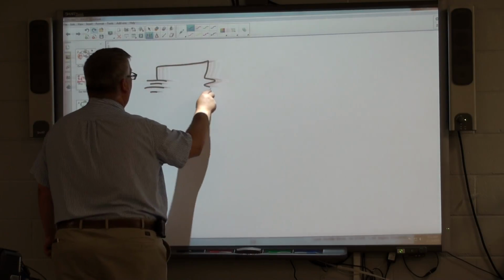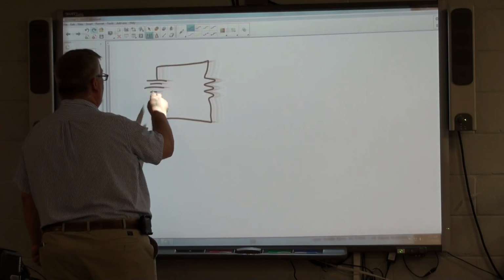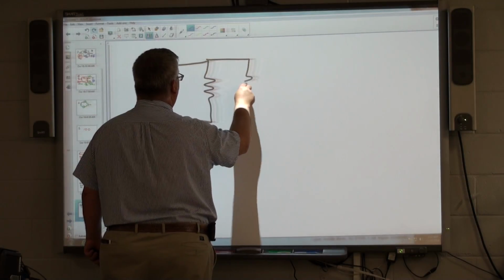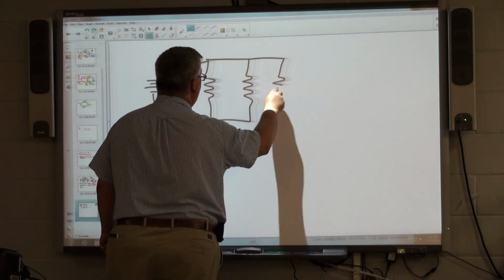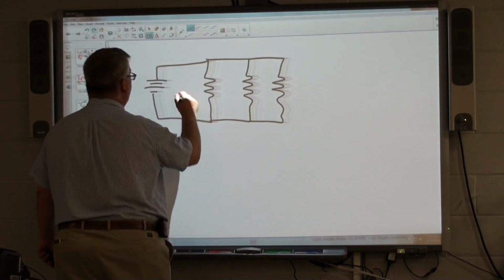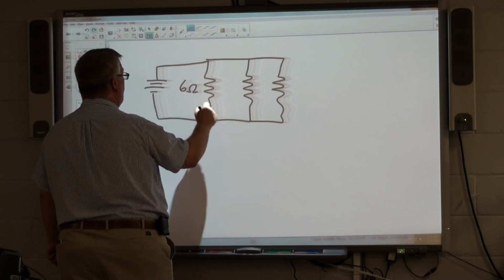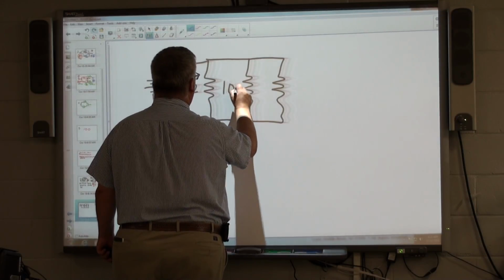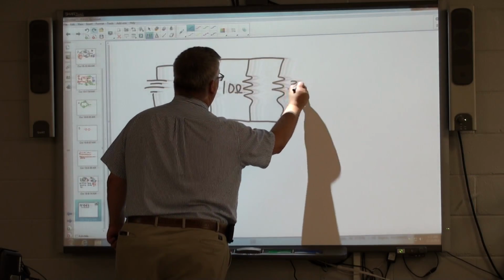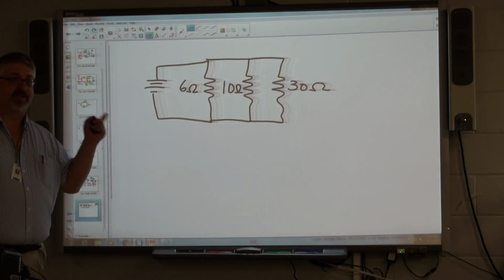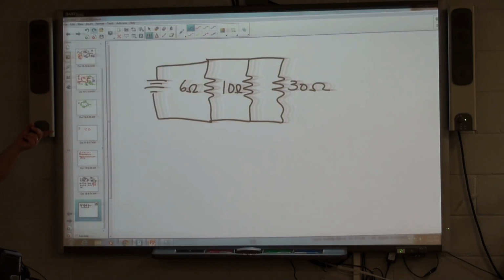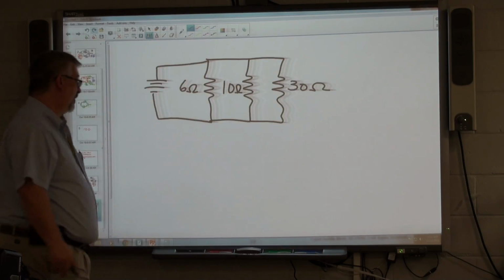All right, so let's make up some stranger values here. Let's do a 6 ohm, a 10 ohm, and a 30 ohm. So what is our total resistance going to be less than? It's got to be, or we have mathed incorrectly.